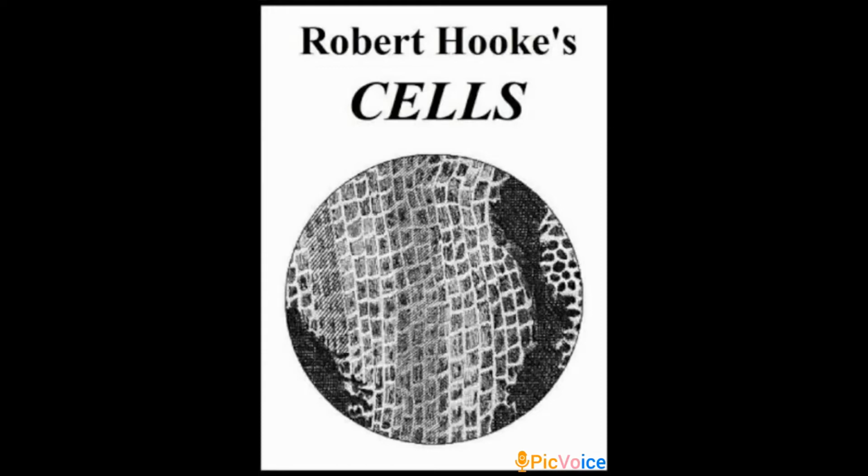He observed the boxes appeared like a honeycomb, and then he noticed that one box was separated from the other by a wall, and then he coined the term cell for each box. So this was the first cell which was observed by Robert Hooke in the year 1665.